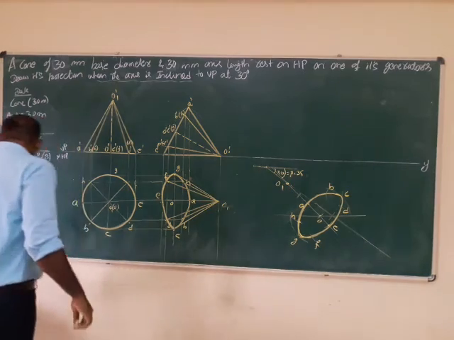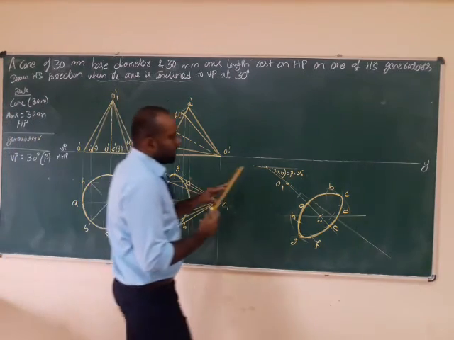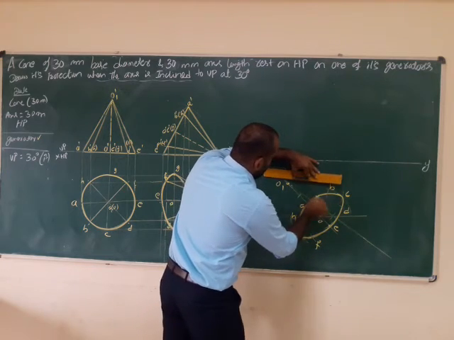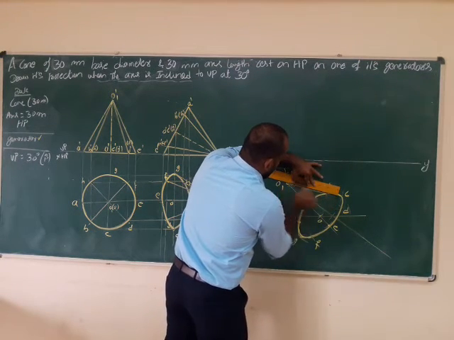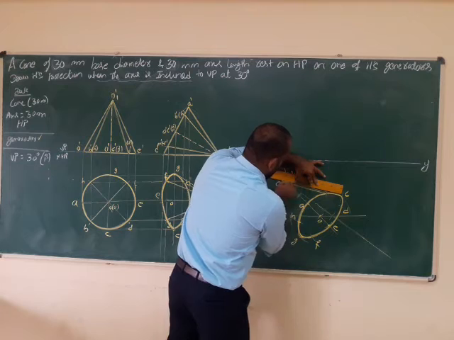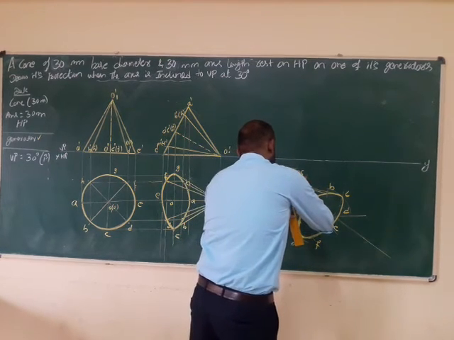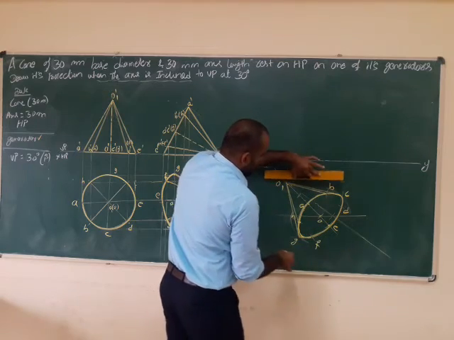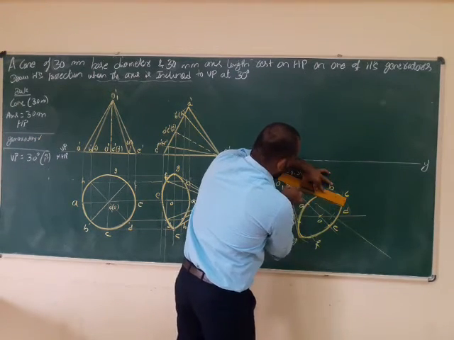Now you have to project from A. Now you have to join all the lines from O, line H, D also you have to join.